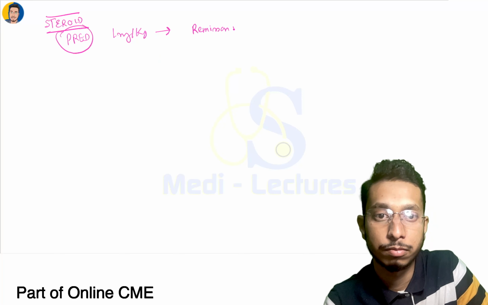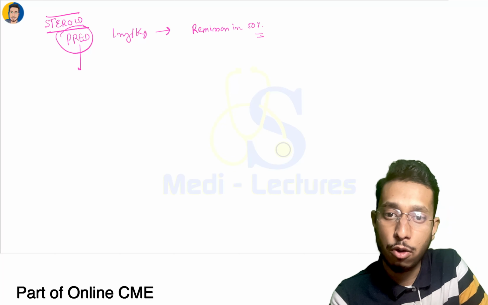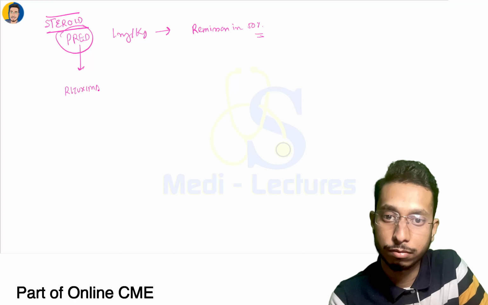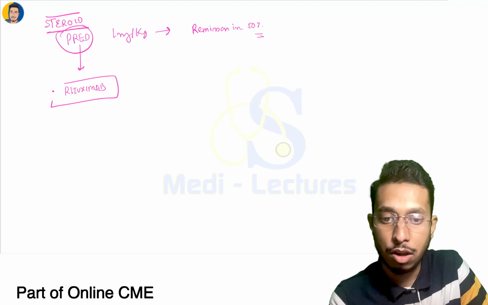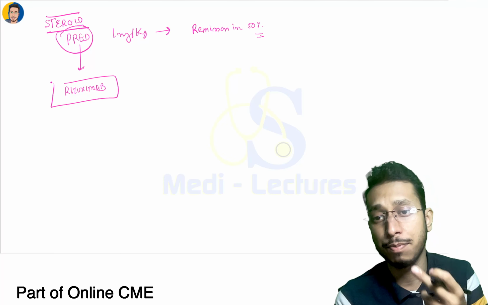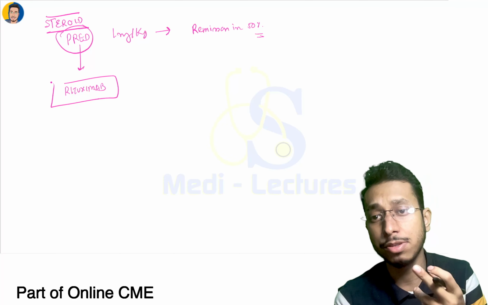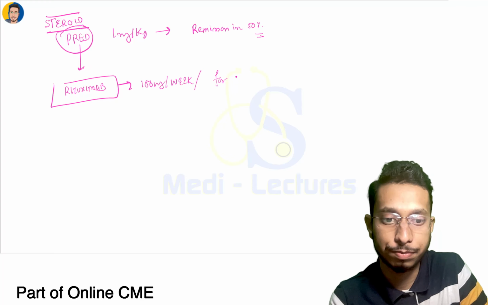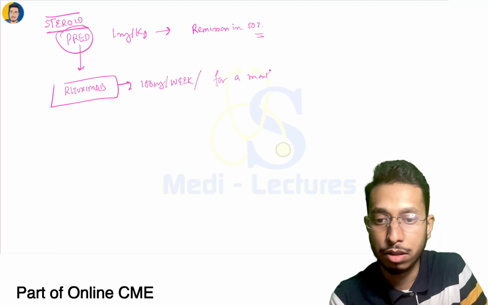Another strategy involves combining prednisolone along with rituximab at a very low dose. Now, what does rituximab help with? Rituximab helps in prevention of relapse. This low dose is usually 100 milligram per week for a month.